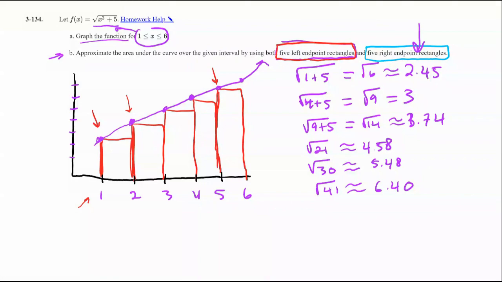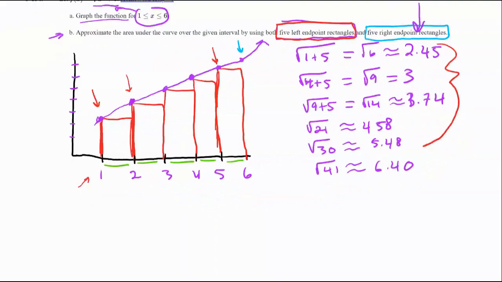And then you should notice here that we don't actually use this point here when we're dealing with the left endpoint graphs. So what that means is that when I'm using this for heights, I'm really only using these 5 values for my heights. And then my widths are just the distance between my points here, which are all just 1. So when I'm dealing with this problem, I'm going to add together, let me see here.